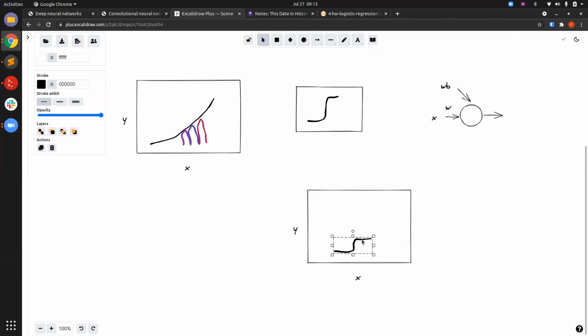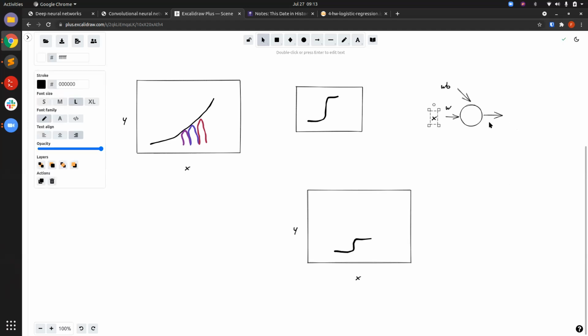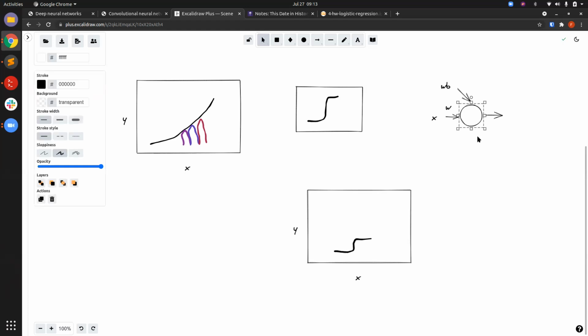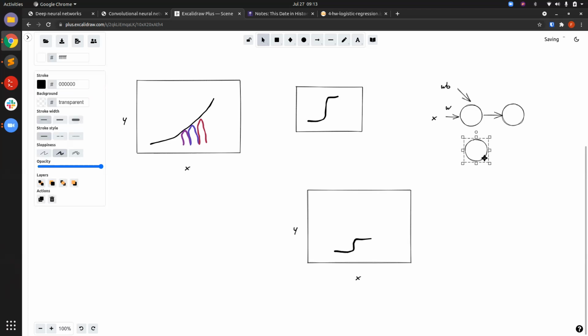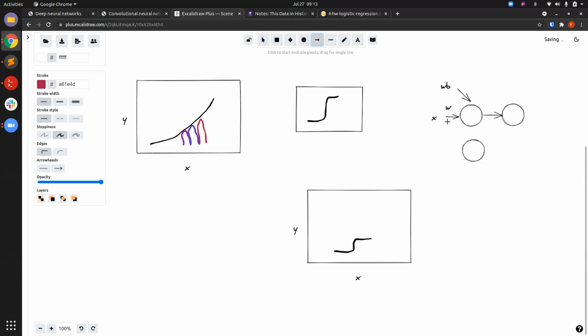Well, I have one sigmoid right now. I can adjust where it is on the x-axis, and I can adjust its height. Now, I can also add another layer here. I'm going to add another neuron here, and this one also has a weight, a bias weight, of course.